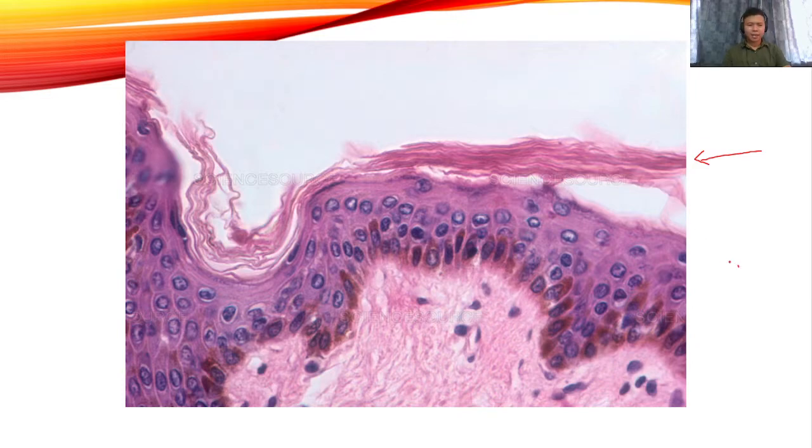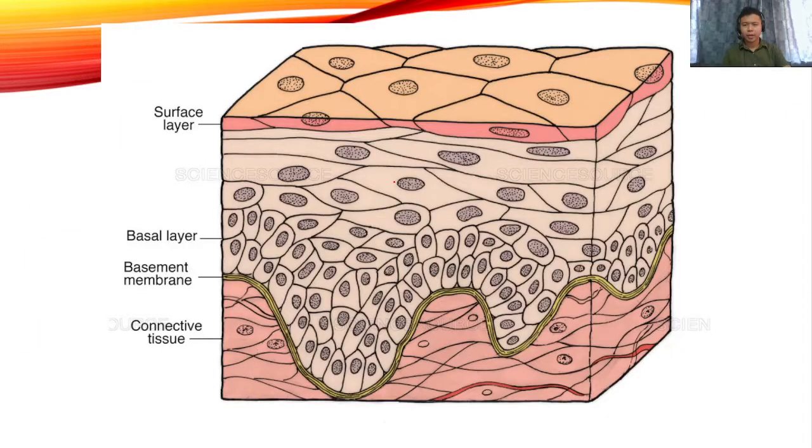Okay, protecting the inner layer. Okay, preventing pathogen from directly entering our system. So it's important to keep this area dry simply because microorganisms hate dry environments as they cannot thrive properly.